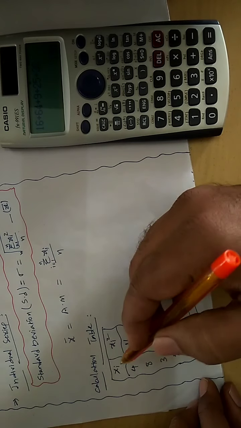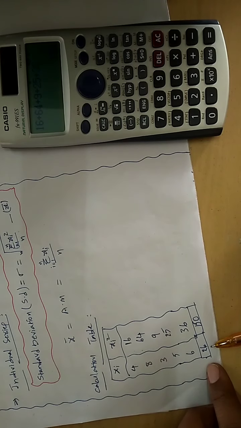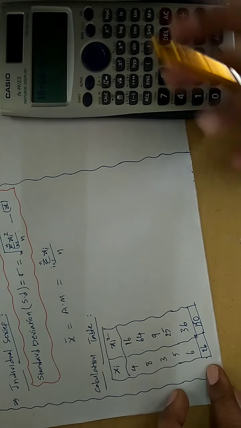So what are the totals going to be? Sigma xi is 26 and sigma xi square is going to be 150.